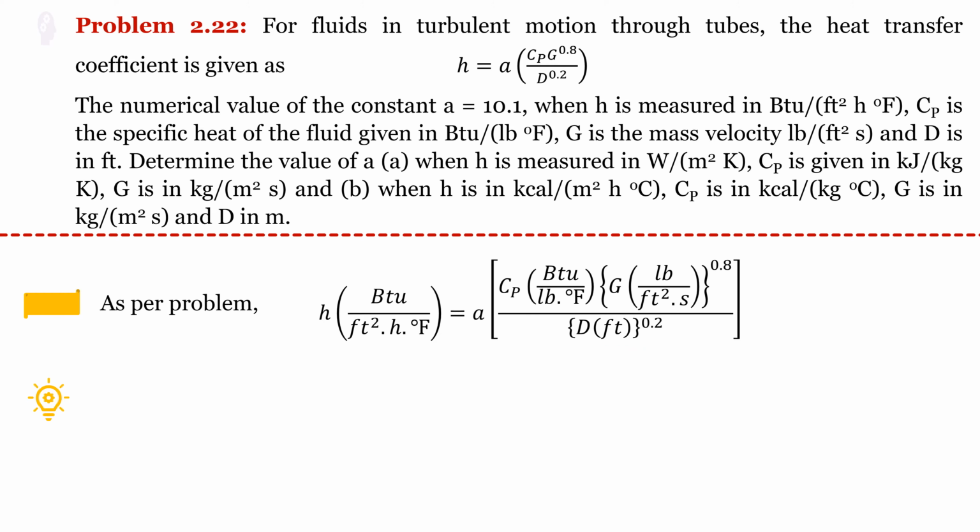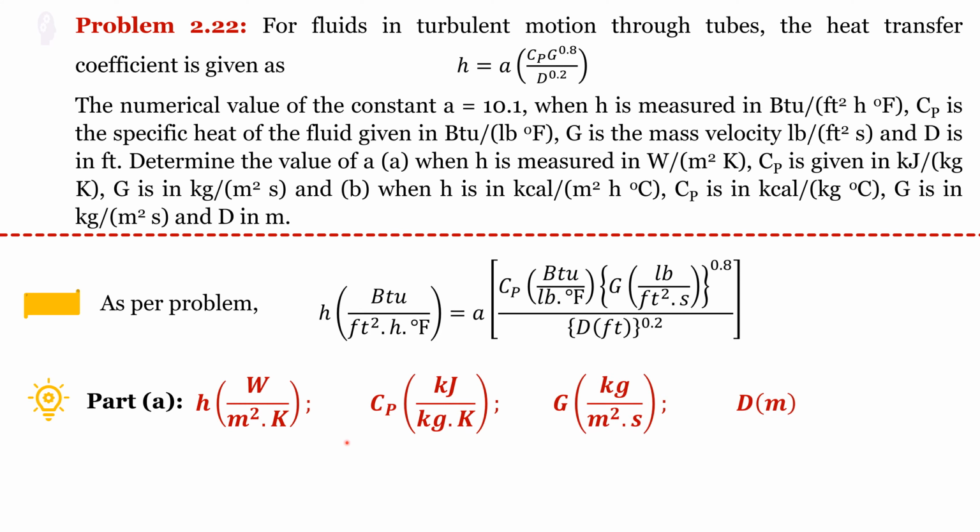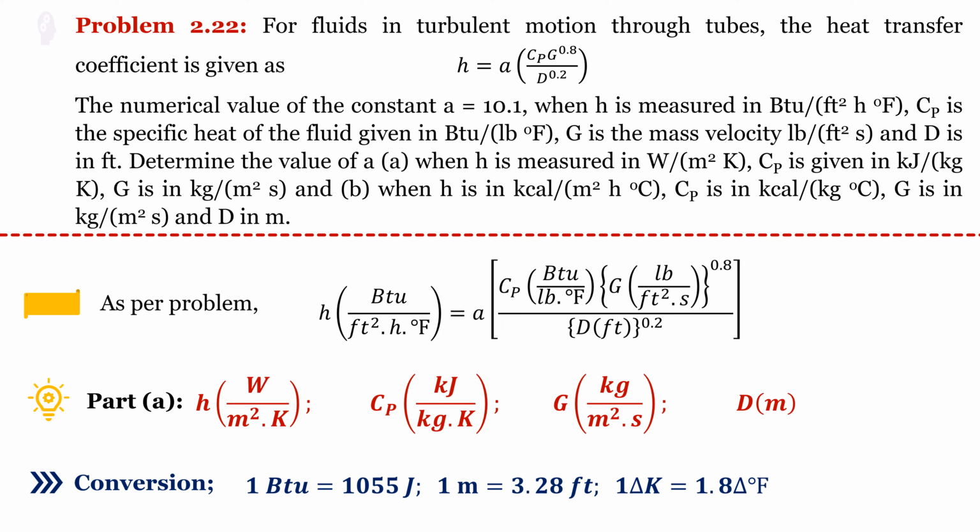Now we need to find an equivalent conversion of H, Cp, G and D in some different units. So these are the conversions that we will use while finding the equivalent expression for H, Cp, G and D.